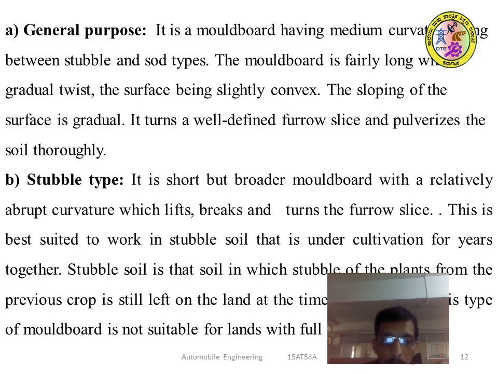Next one is stubble type. It is short but broader moldboard with a relatively abrupt curvature. So it is used for the lifting purpose, breaking and turning of furrow slice.